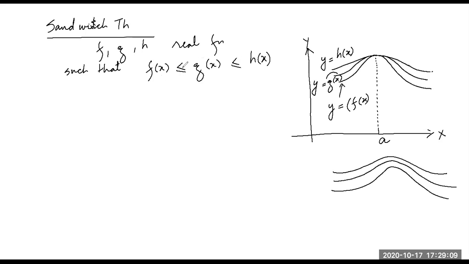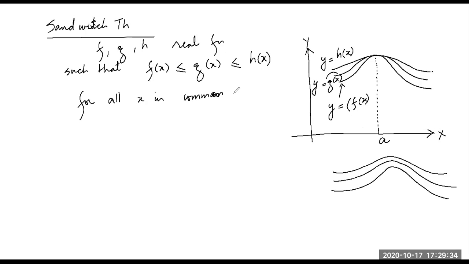f of x is less than or equal to g of x is less than or equal to h of x for all x in the common domain. This means I am evaluating all these functions for some values of x in some common domain, taking some inputs of x.